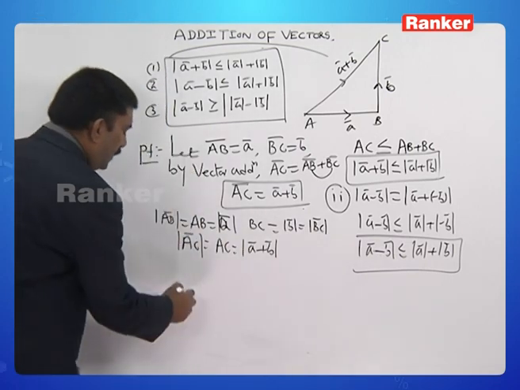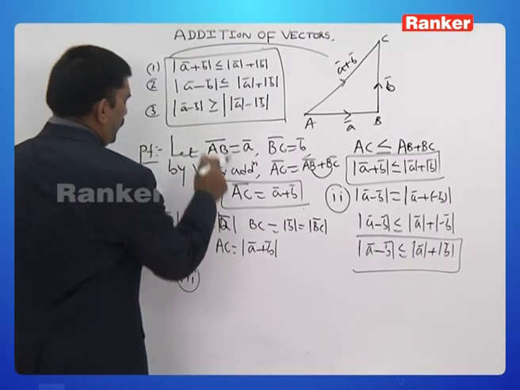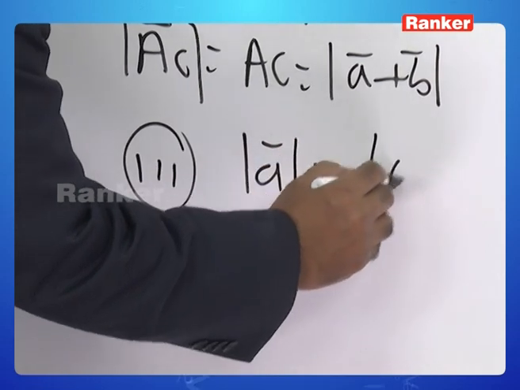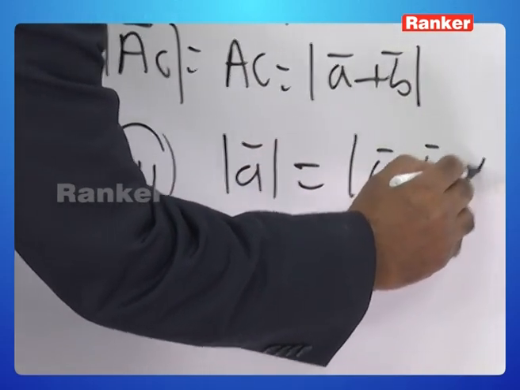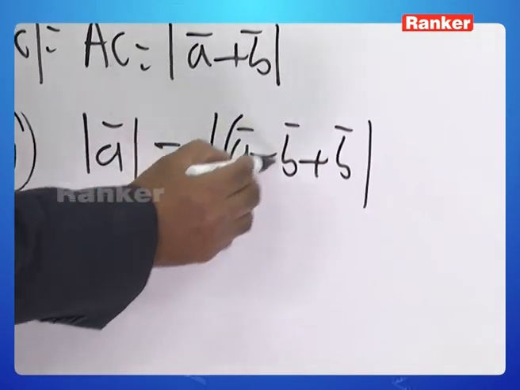Now coming to the third one, modulus of A bar minus B bar. I can write modulus of A is equal to modulus of A minus B plus B. Now you can make this one bracket.